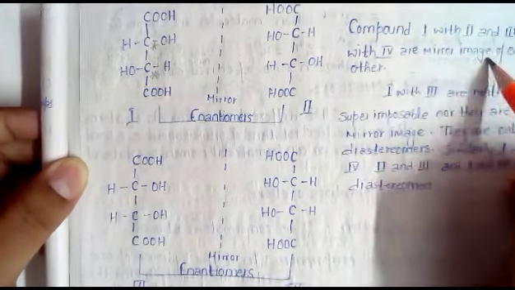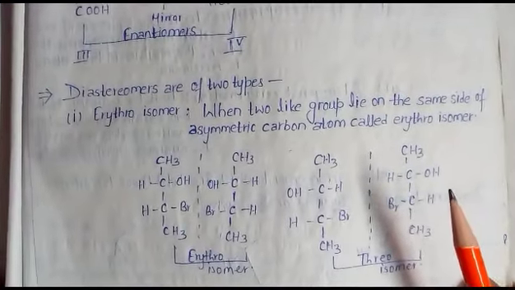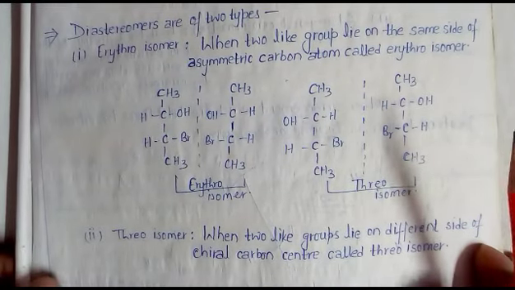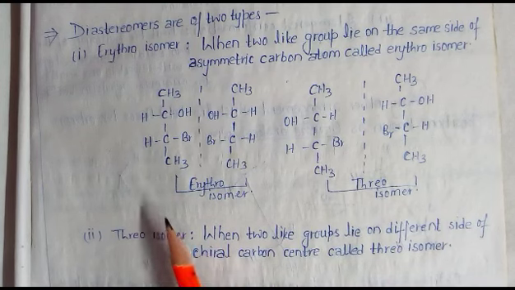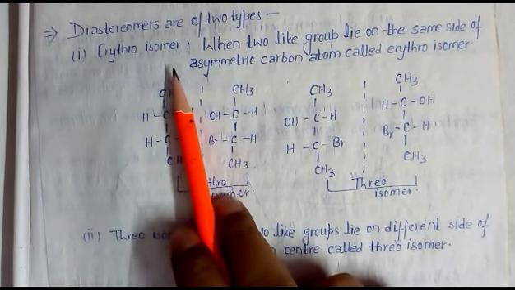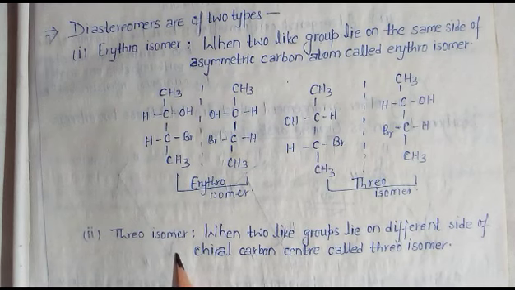Now come to the types of diastereomers. There are two types of diastereomers. You can see, one is called erythro isomer or erythro diastereomers, and another one is called threo diastereomers.